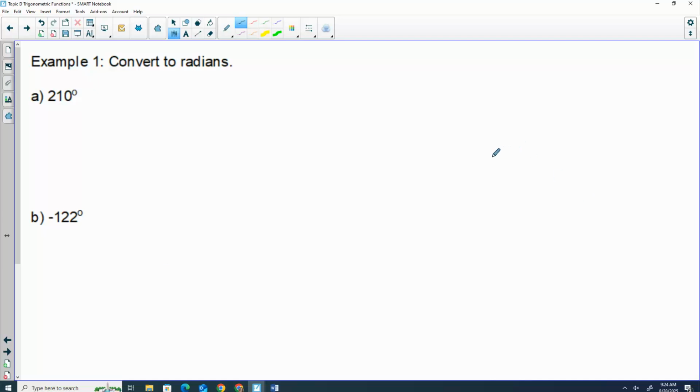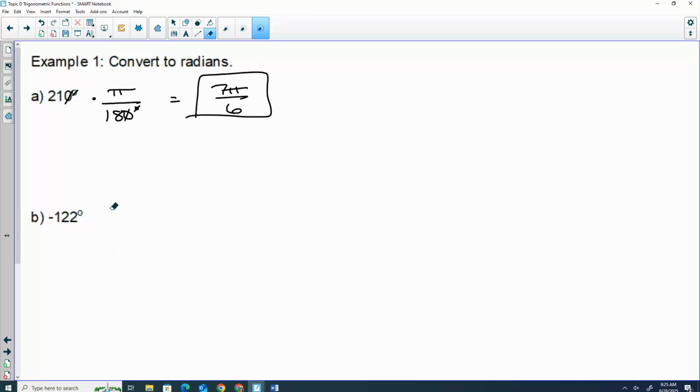If I give you a degree measure, how do we change it into radians? Good. Multiply by pi over 180. The degrees cancel. I'm trying to simplify this without a calculator. I could drop a 0, 21, 18, both divisible by 3. So we get 7 pi over 6. Negative 122 degrees.